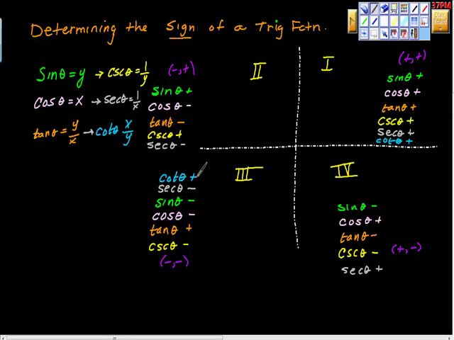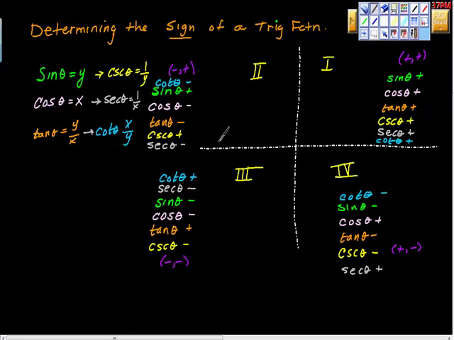Here, the only two that are positive are cotan and tan, and here, the only two that are positive are sine and cosecant. Looking here, the signs are different, so cotan theta must be negative here, and here too.